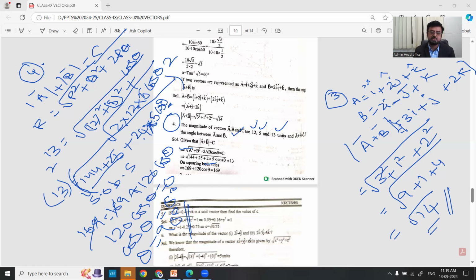Squaring on both sides to remove the square root, 169 is equal to 169 plus 120 cos theta. So 120 cos theta is equal to 0, cos theta is equal to 0, and theta is equal to 90 degrees.